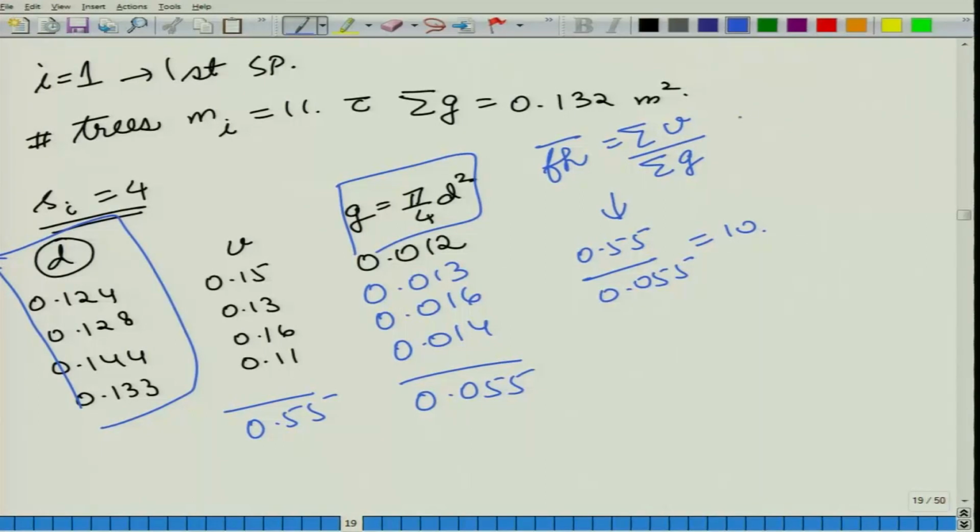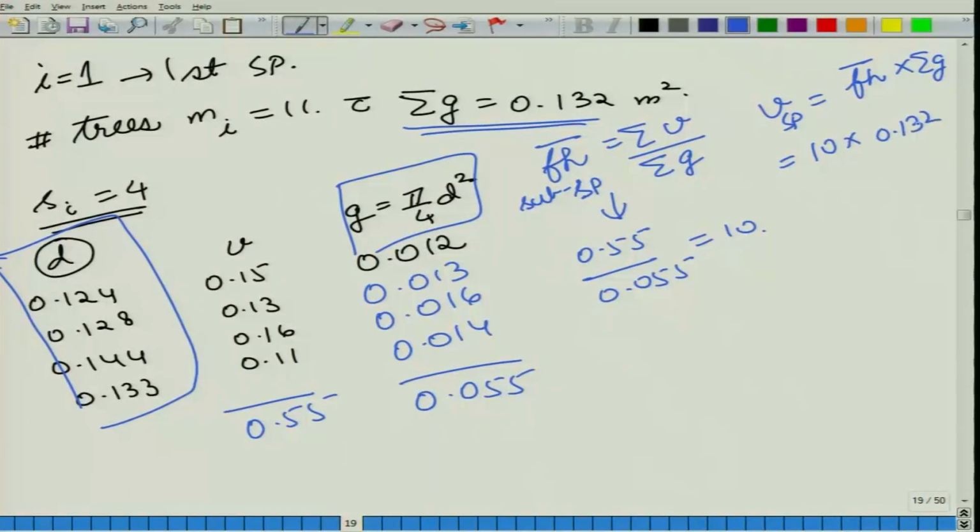Now, what is the volume for the first sample plot? This one is for the sub-sample plot and this one is for the sample plot. The volume is given by the average form height multiplied by the sum of the basal areas. So, this is 10 into 0.132, which is equal to 1.32 cubic meters.